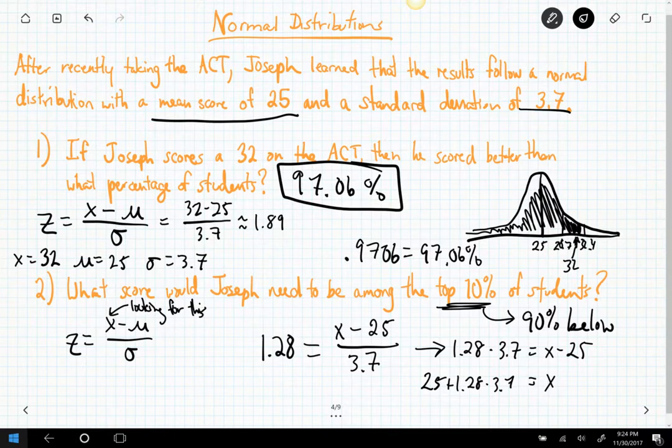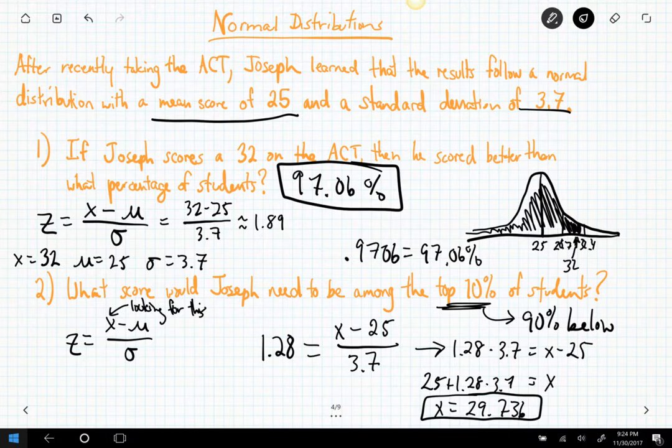So what does that become? Our x value equals 29.736. And that's our final answer. So you need a score of at least, and since they are whole numbers, last time I checked on the ACT, you need at least a 30 in order to get to that 90th percentile or top 10% of students.